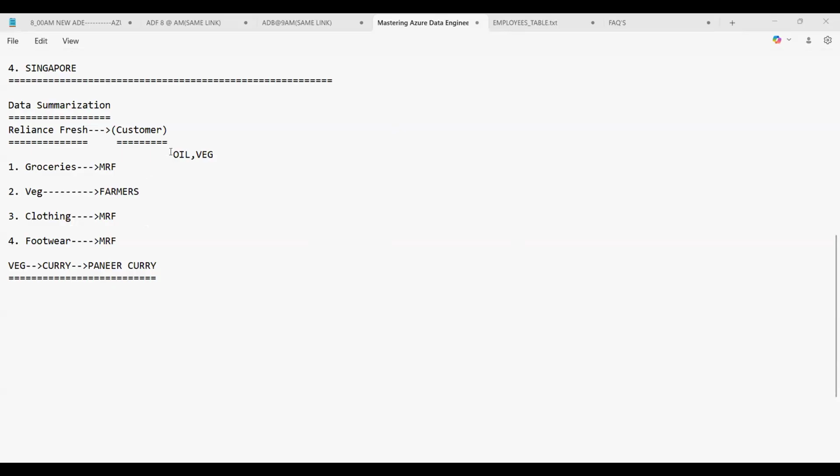So now what I have done is shortlisted two products out of all. I have shortlisted the groceries, and under the groceries I have chosen only oil. Vegetables also I have shortlisted.